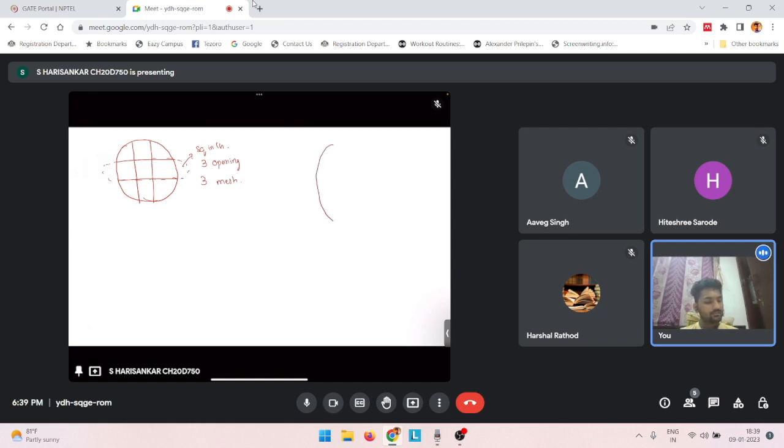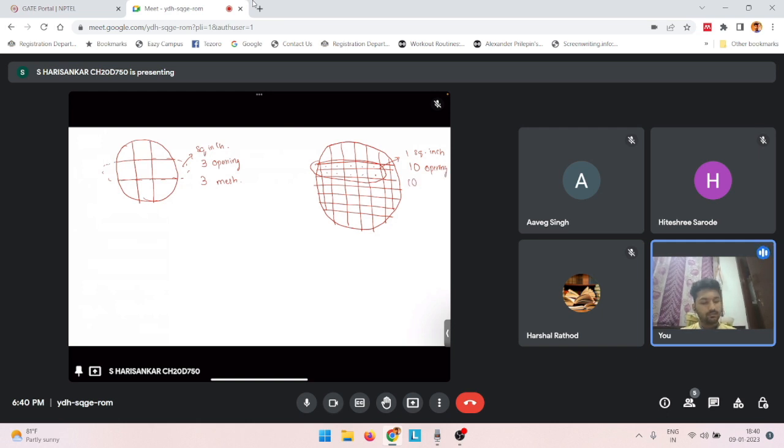And if you represent the same using a 10 mesh, let us say this area is 1 square inch and there are 10 openings for a 10 mesh.